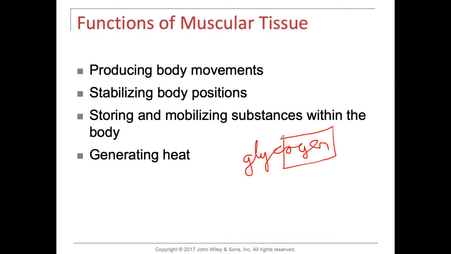So when you're taking glucose and making it inactive, that means you're storing it in muscles or in the liver. Those are the two places that glucose can be stored safely, in the muscle as glycogen and in the liver as glycogen. And then glycogen, which is inactive, can be converted back into glucose.